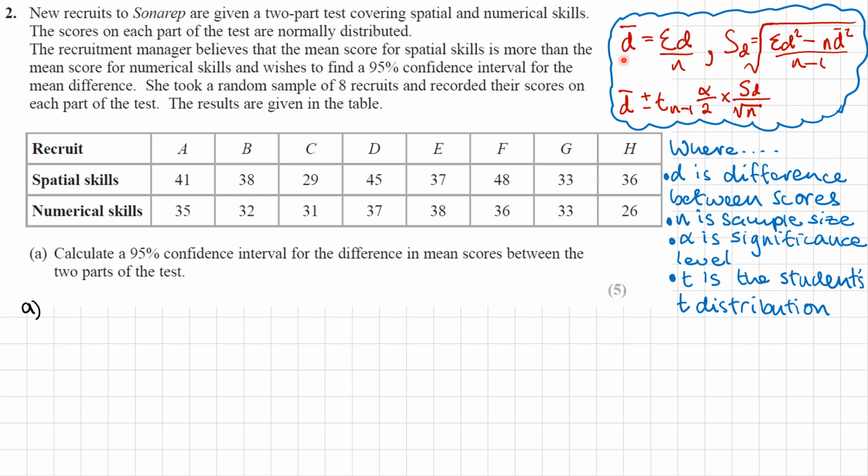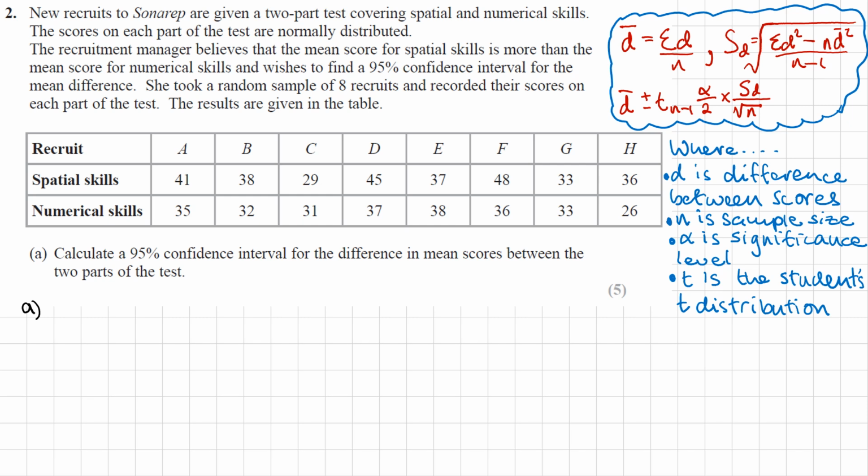So for this part of the question, we're going to need the following formula. We need to be able to find the mean of the differences, the standard deviation of the differences, and then we're going to use this to find a confidence interval for the mean of the differences, where D is the difference between the scores, n the sample size, alpha the significance level, and t is the student's t distribution.